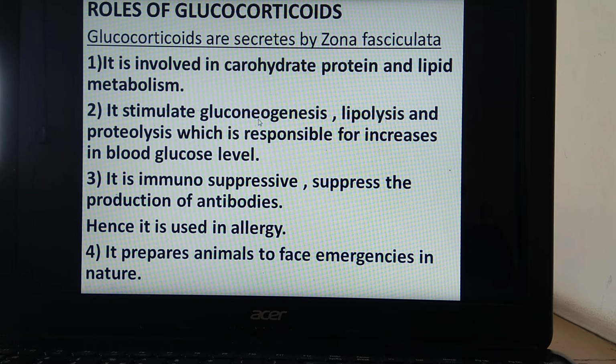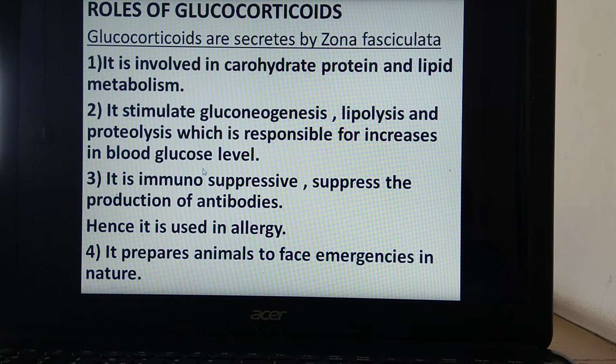It stimulates gluconeogenesis. What's the meaning of gluconeogenesis? It is formation of glucose from non-carbohydrate substances. So it stimulates gluconeogenesis. Lipolysis, lysis means breaking of what? Breaking of lipid. And proteolysis, that is lysis or breaking of proteins, which is responsible for increase in blood glucose level.